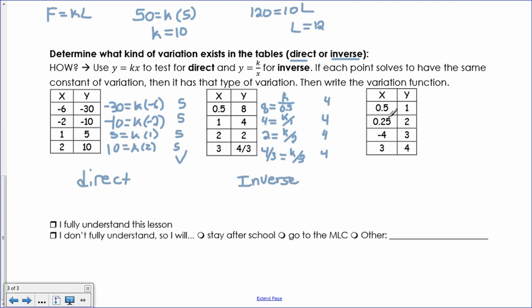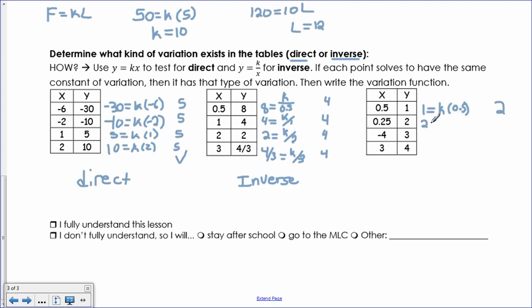All right. Well, this one, let's see. Let's go ahead and try direct variation for this one first. So if I go ahead and write down the equation, 1 equals k times 0.5, right? If I solve that for k, I have to divide by 0.5. And when you divide by 0.5, you would get a 2 for k.